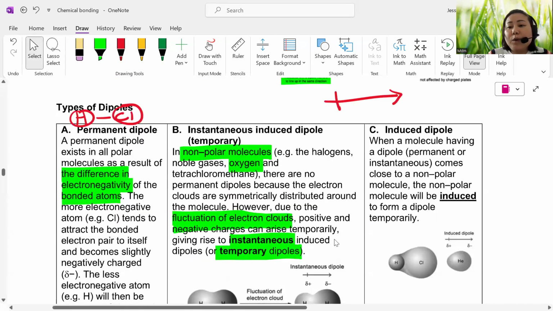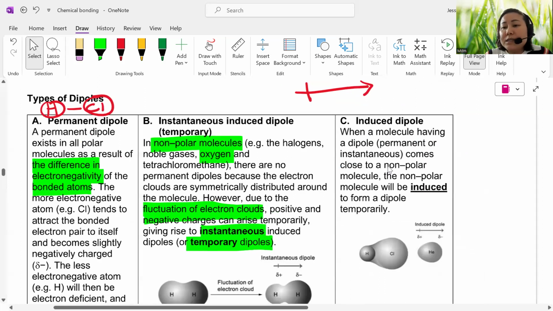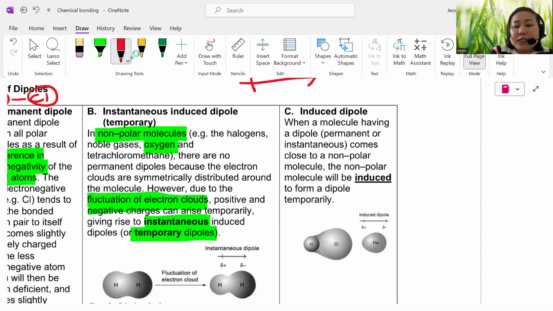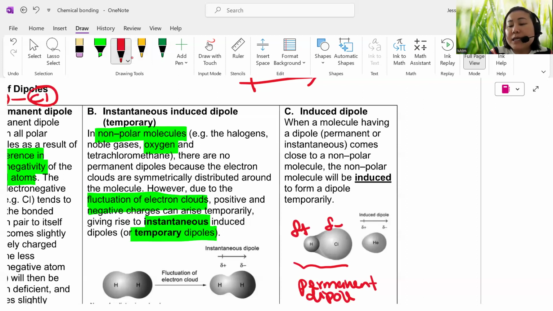An induced dipole is a little bit different. When a molecule having a dipole comes into contact with another molecule that has no dipole, the presence of the molecule with a dipole may induce a dipole on the molecule that is nonpolar. Over here, we have our HCl molecule, which has a permanent delta plus, delta minus end.